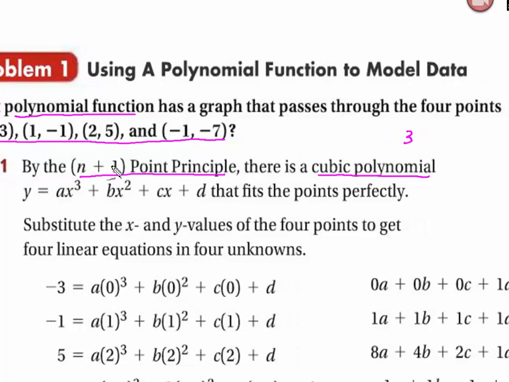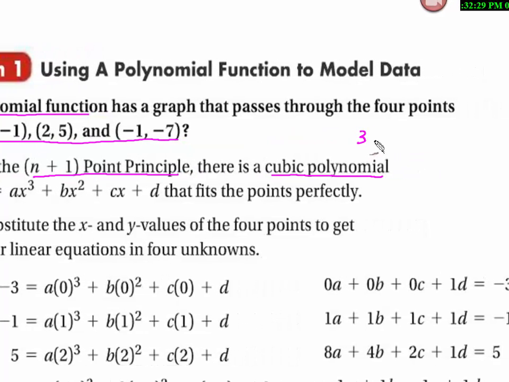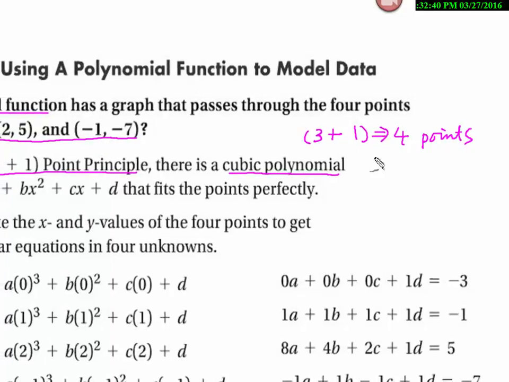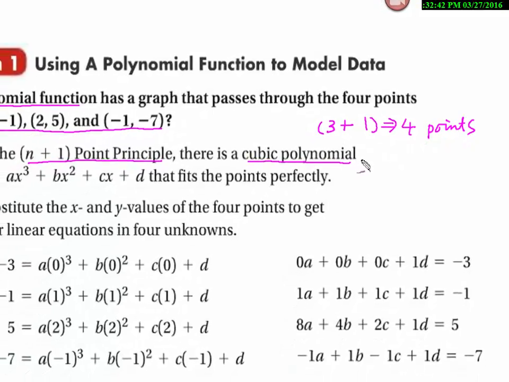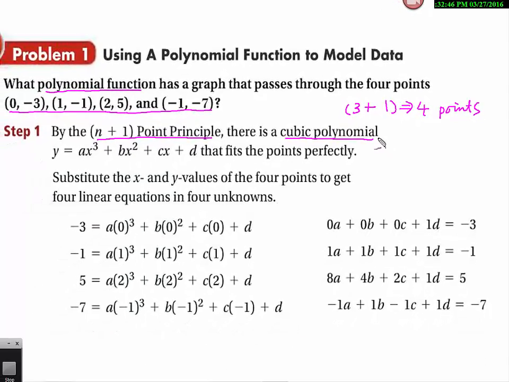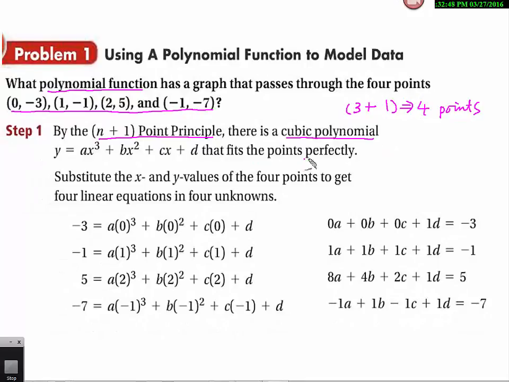Going back to the n+1 principle, that means the 4 points will control or determine the graph. Since there are 4 points given, we know there will be one particular or unique cubic polynomial function that will fit all these points perfectly.